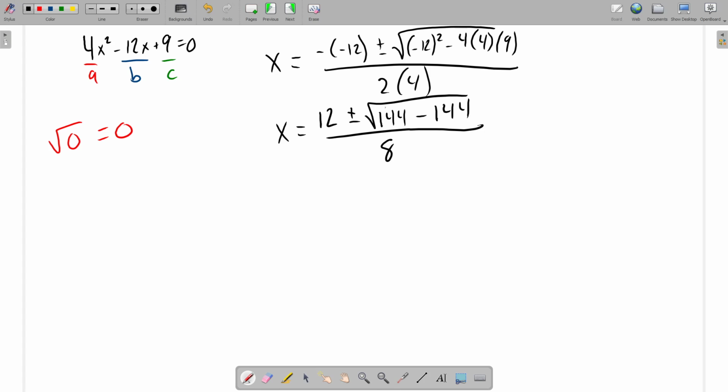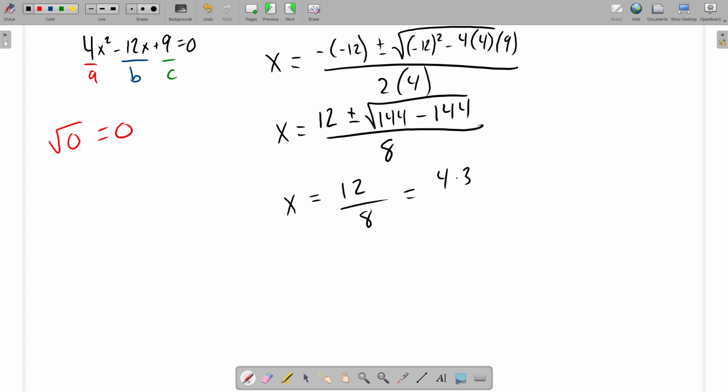So this whole piece right here, the square root of 144 minus 144, is going to go away. It's just 0. I have 12 plus or minus 0. Well, if I add 0 to 12, and I subtract 0 from 12, I still have just 12. And our denominator is still 8. So we can simplify this a little bit. Let's write it like this.